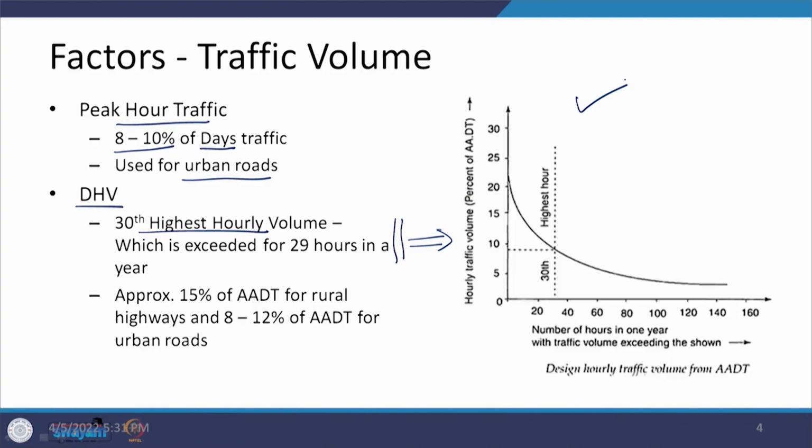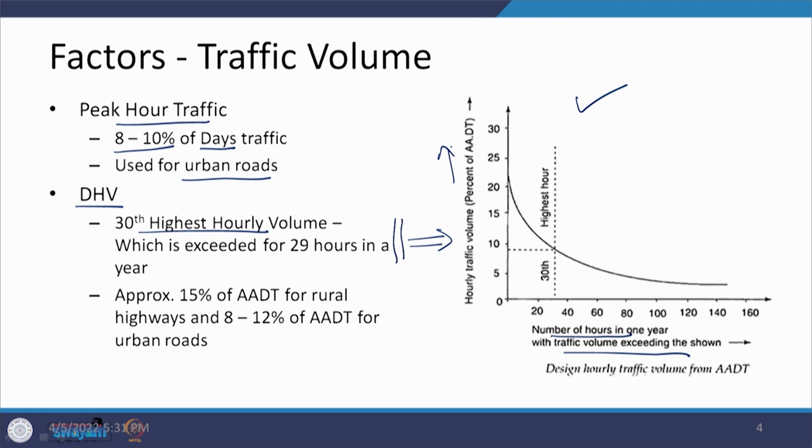Once this is created, we create the graph which is shown here. On the x axis we have the number of hours in 1 year with traffic volume exceeding the shown value, and the value is shown on the y axis. Here it is given in terms of the percentage of AADT, but it can also be in terms of absolute values.